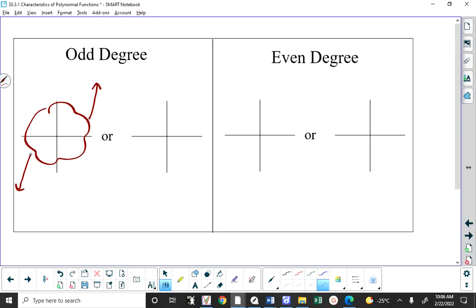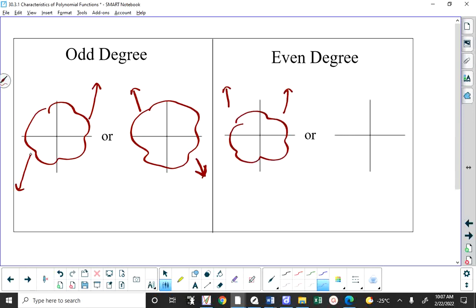The odd degree could also look like this, right? And again, something's happening in here that we're not really caring about right now. An even degree must have arms that go in the same direction. And there's something else happening, but it's unimportant to this point.